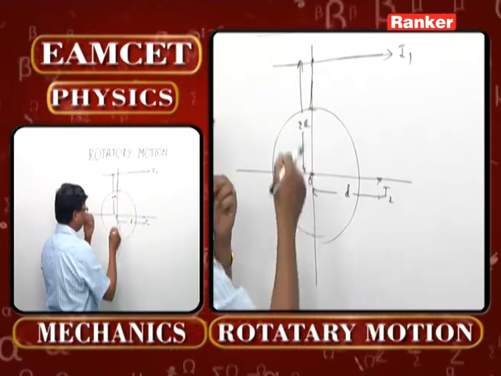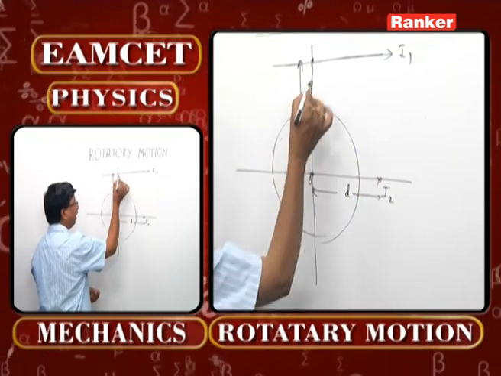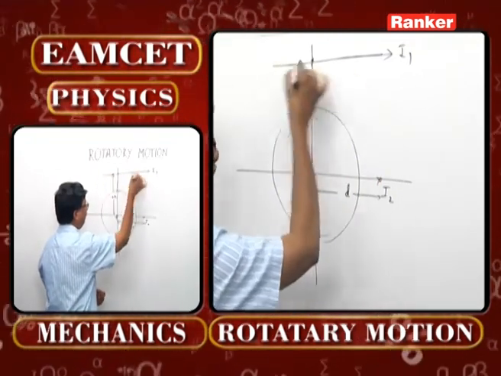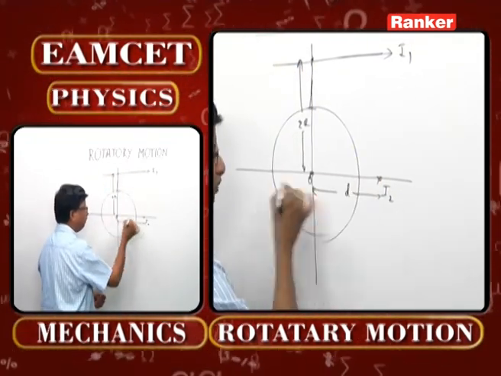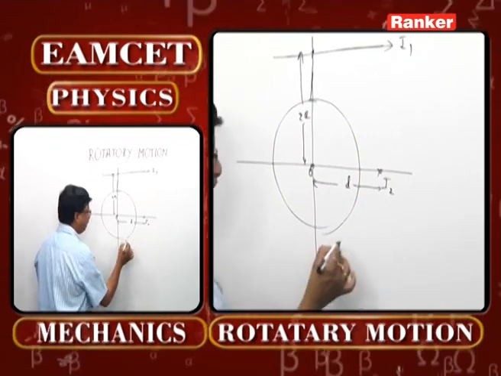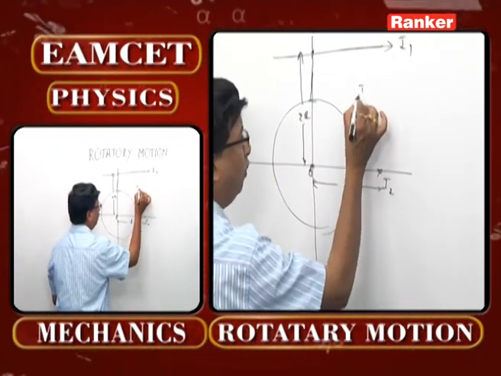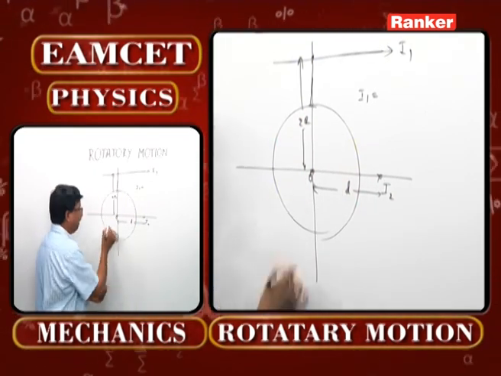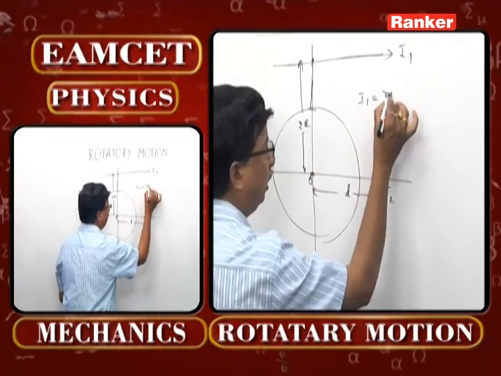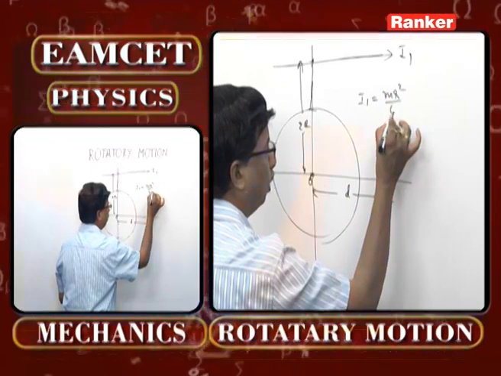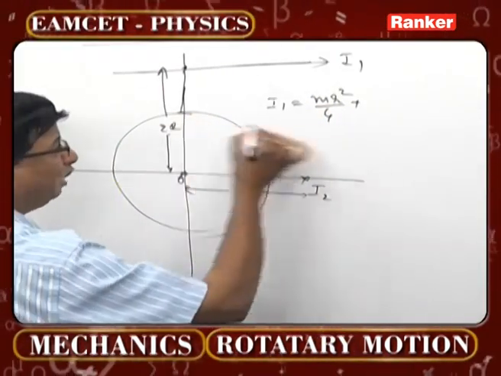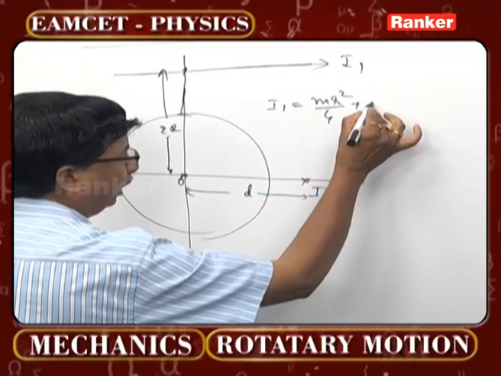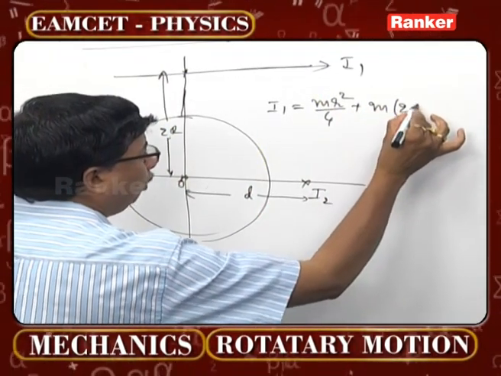What is I1? First of all, you work out. You can understand this axis is parallel to this axis passing through the diameter. Then what will be the value of I1 now? According to the parallel axis theorem, this is in fact a disc. Along the diameter, it is mr square by 4 plus the perpendicular distance being 2r, that is m into 2r whole square.